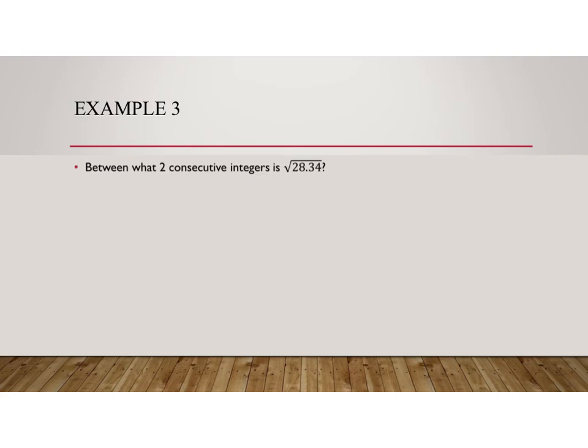So for example 3, it says between what 2 consecutive integers is the square root of 28.34? So in my head, I know that 25 is a perfect square, and I know that 36 is a perfect square, because 25 is really 5 squared and 36 is really 6 squared. So somewhere in between 25 and 36 is where the square root of 28.34 falls.